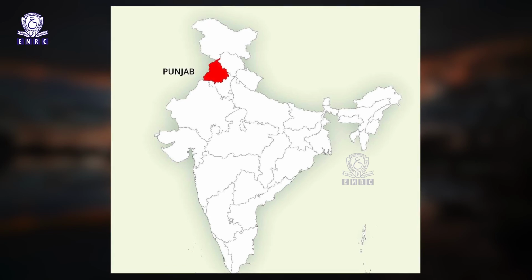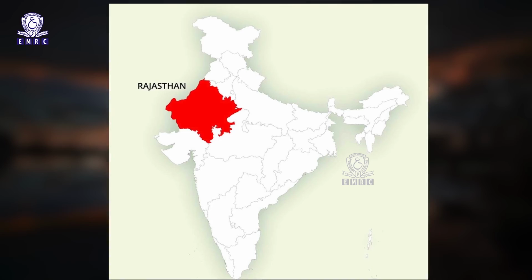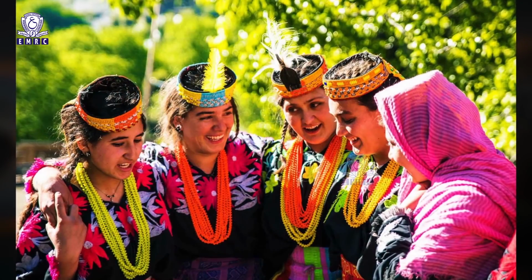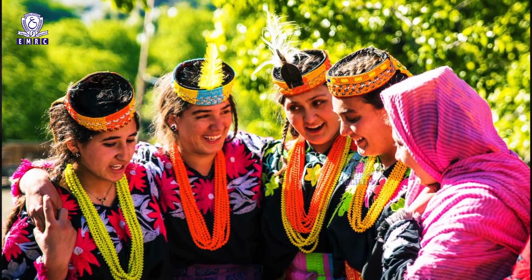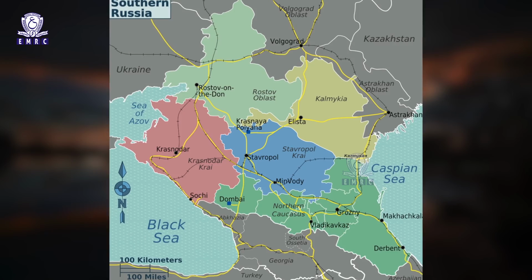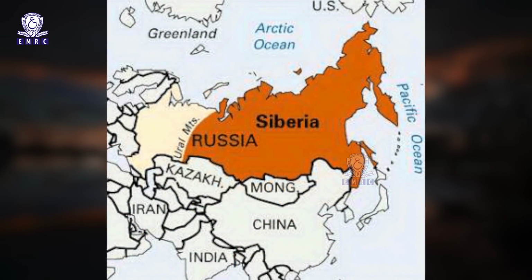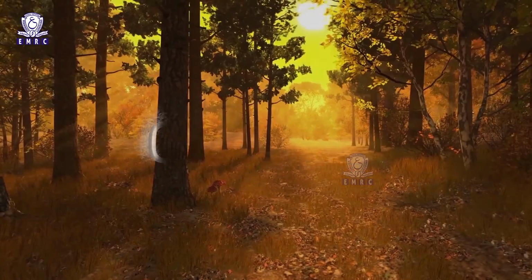This element is found sporadically in different parts of northern India, especially in the Punjab and the Rajputana, which we usually call Rajasthan. The Kho of Chitral, the Red Kafirs and the Kalash are some of the representatives of this type. The Nordics came from the north, probably from southeast Russia and southwest Siberia through Central Asia to India.